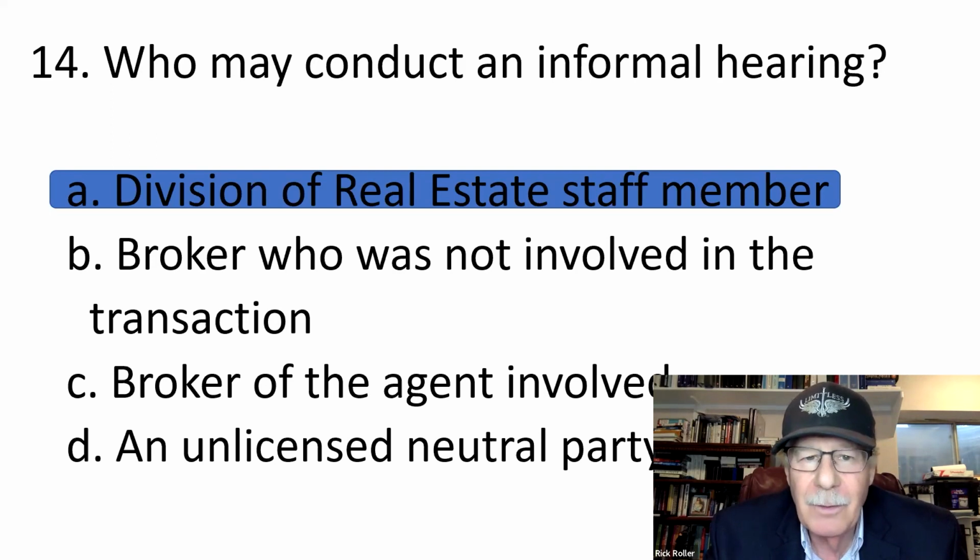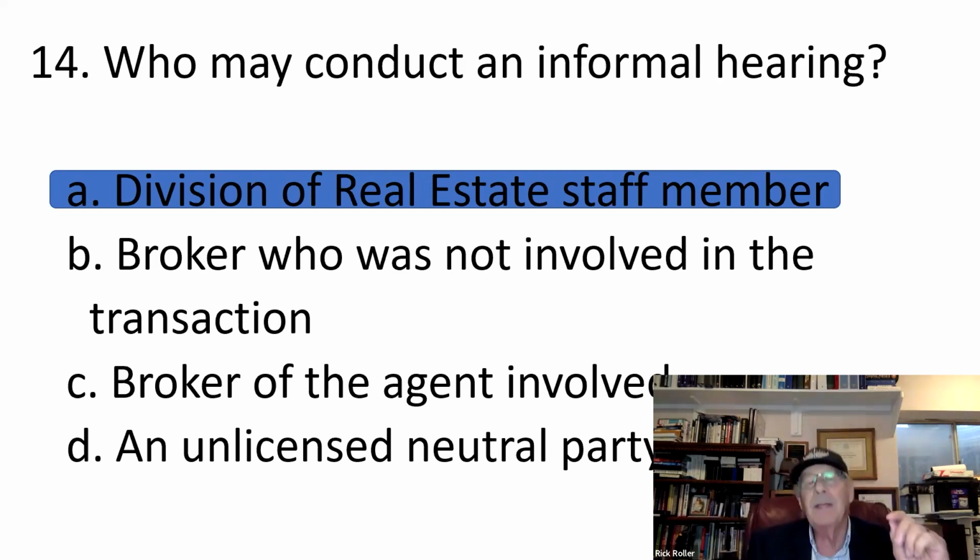Okay, so the correct answer to this one, guys, it's got to be someone from the division. It's got to be informal. This is the way you want it to go. You don't want it to go formal because all of a sudden there's a lot more disclosure requirements and people are going to find out about it. Hey, you get a complaint at the division. And how long is that going to be on your record? Well, as long as you could Google it.